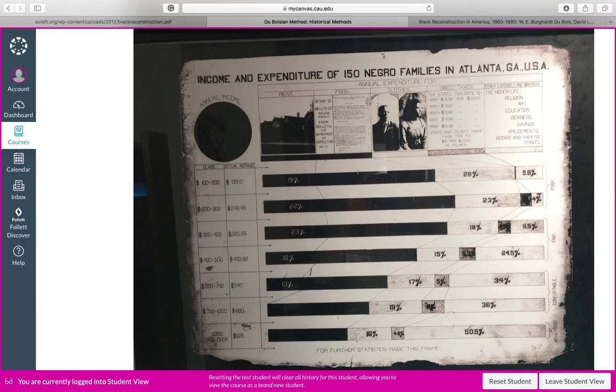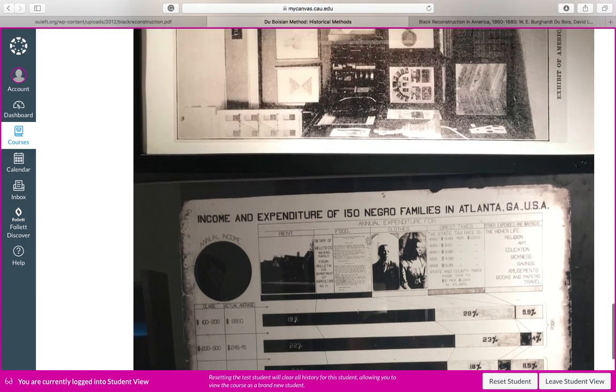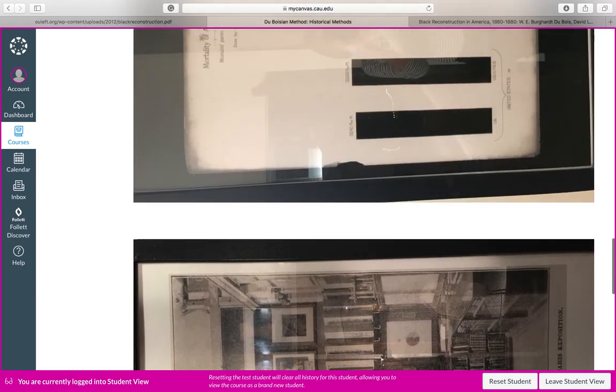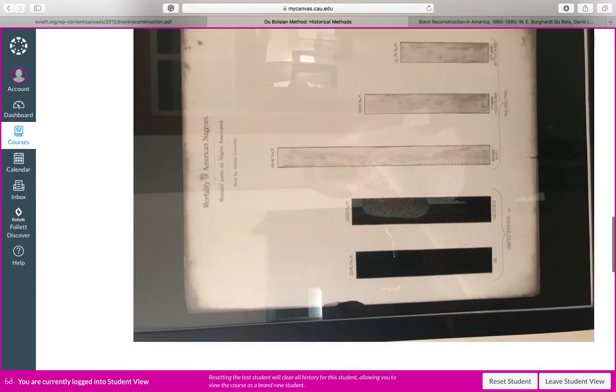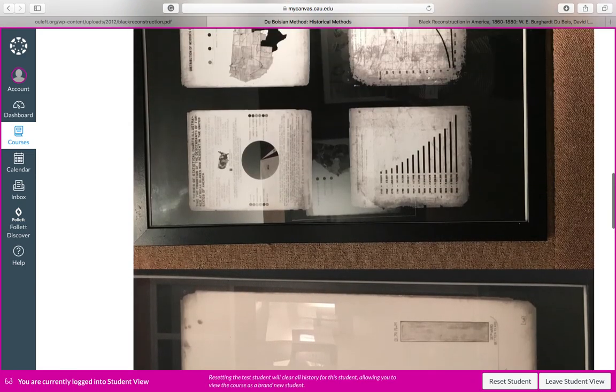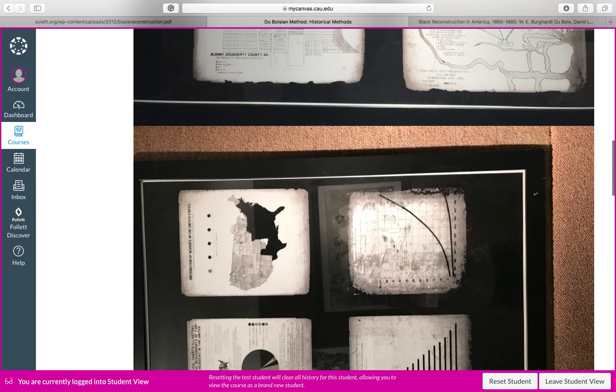That then, just as in Tulsa, and of course, this happens a decade before, but just as in Tulsa, that wealth is taken. So we really can see a real application of what this Duboisian method, what it looks like in practice.